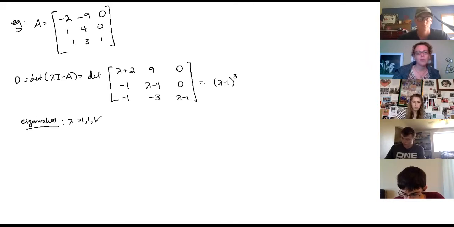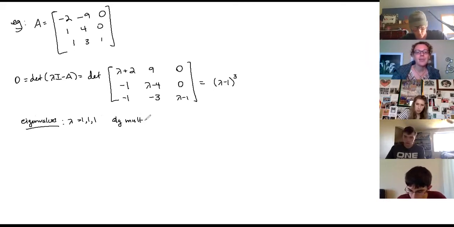Same eigenvalue 3 times. So my algebraic multiplicity, which I'm going to start abbreviating, is equal to 3. All good? So far, so good? All right, let's look for free variables.